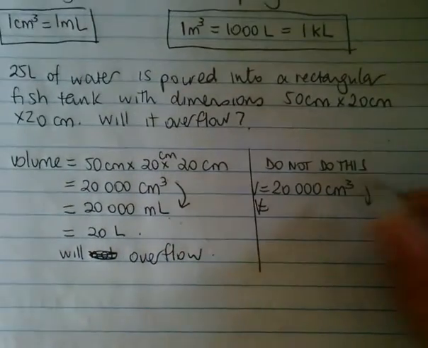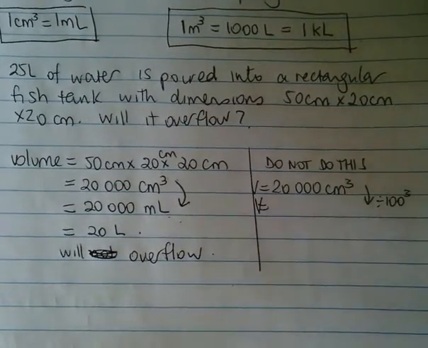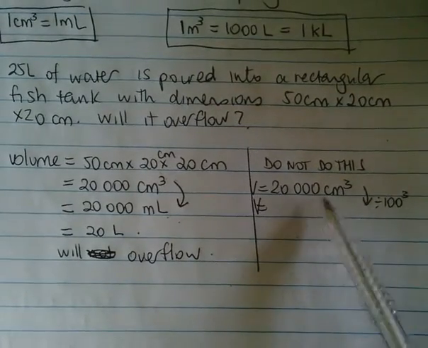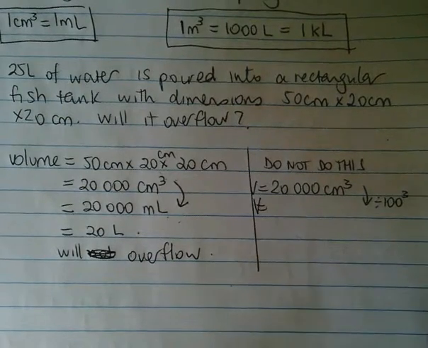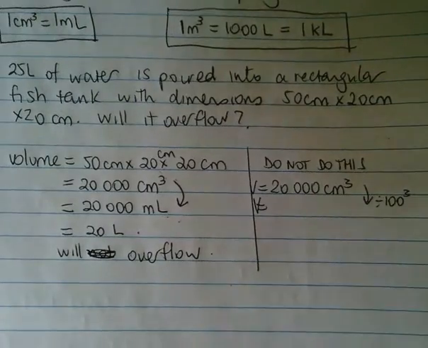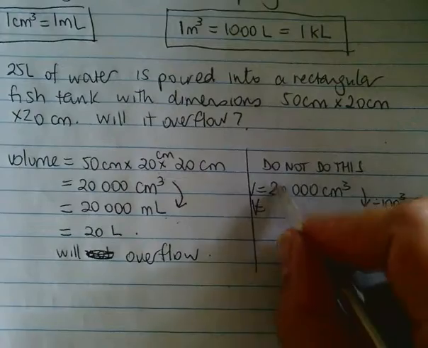So if you want to change it to meters cubed, what I don't want you to do is just divide that by 100 and think that you've converted it to meters cubed, because you haven't. So be careful when you're converting from centimeters cubed to meters cubed, you'd have to do the conversion 3 times. So divide by 100, 100, and 100.